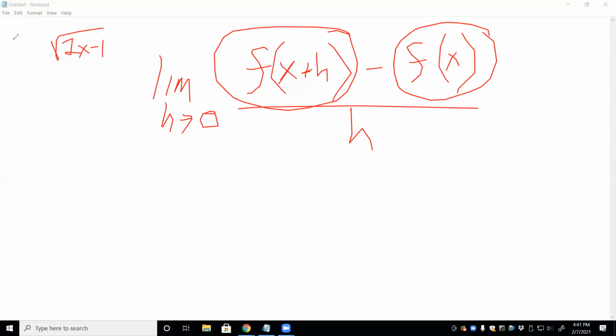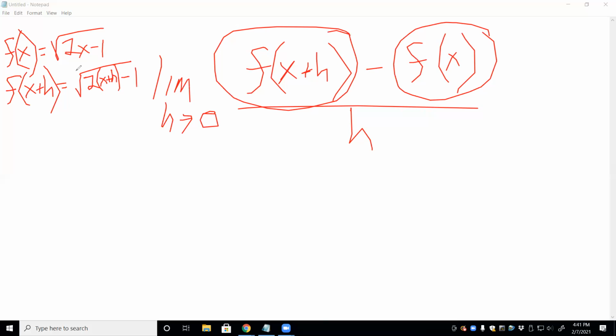So f of x plus h is the square root of 2 times x plus h, minus 1.